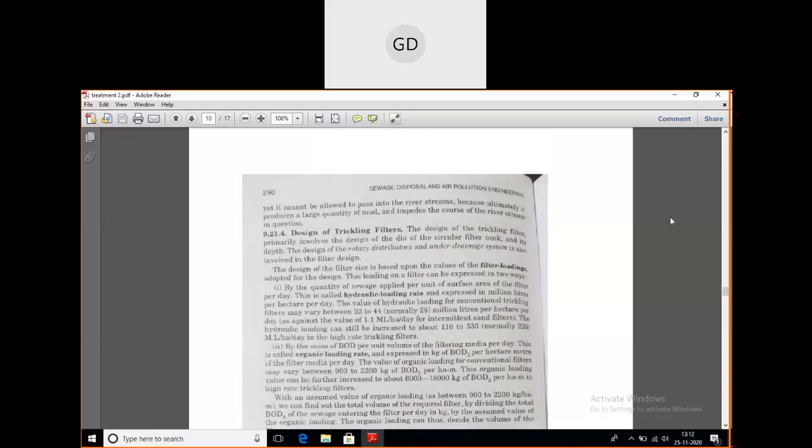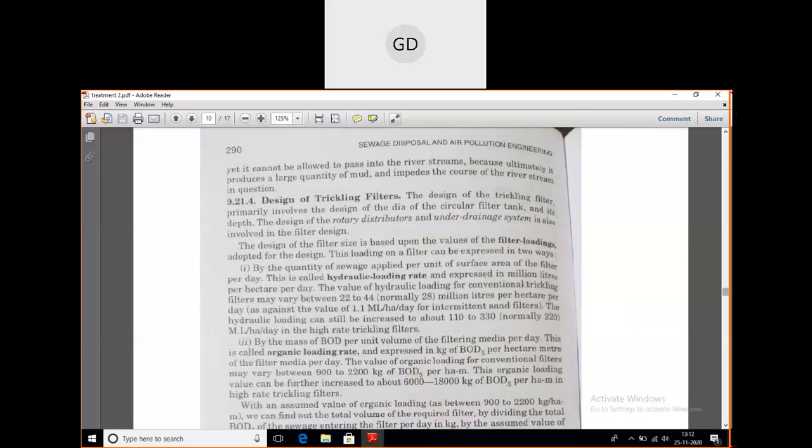Okay, so before solving the numerical, first let us go through the design considerations of the trickling filter, okay? You see from the first what's written here.